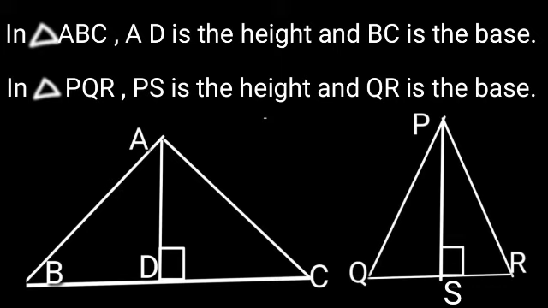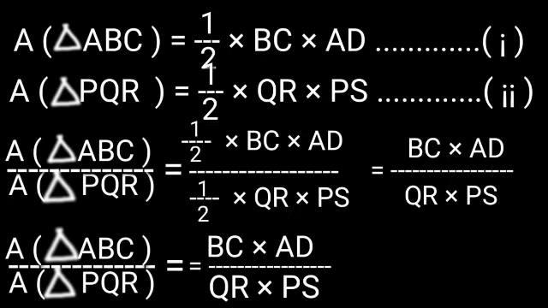In these triangles, the base and corresponding height are different. When we take a base, the perpendicular from the vertex opposite to the base is the corresponding height. The area of triangle ABC is nothing but 1/2 into base into height.